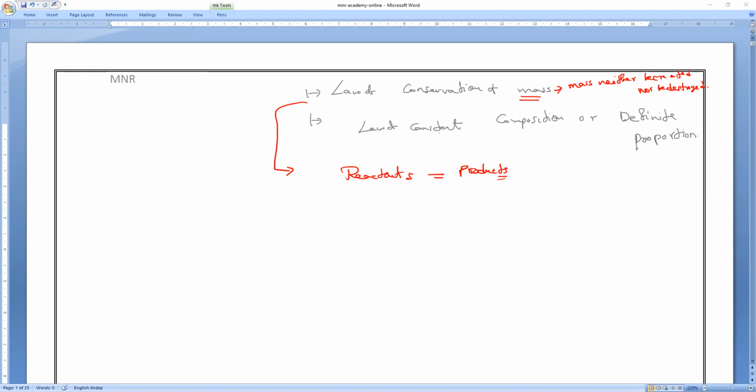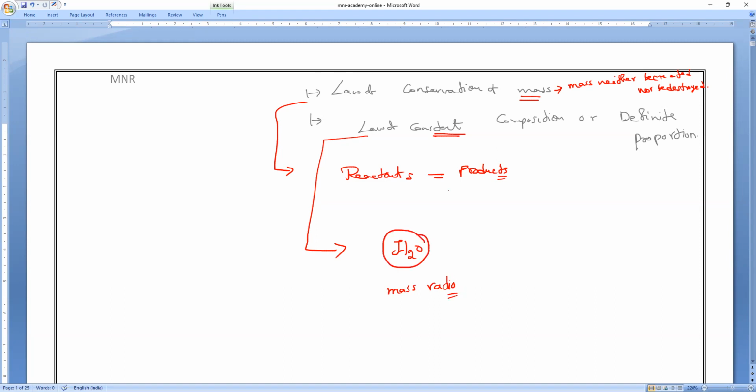Law of constant proportion means, as I said in yesterday's class, we have taken for example water. What is the mass ratio? I will teach you how to calculate mass ratio. Observe very carefully.